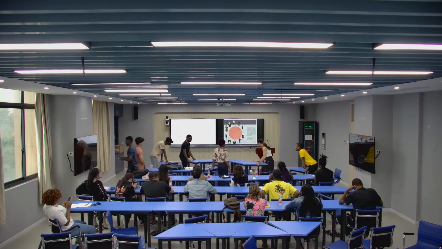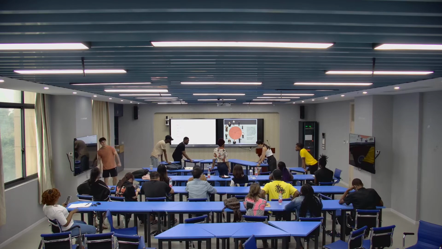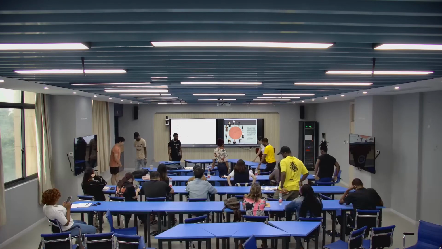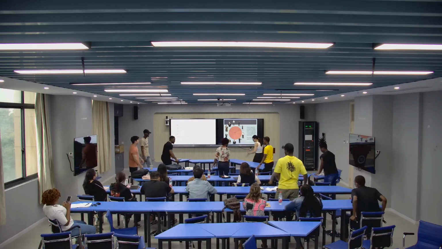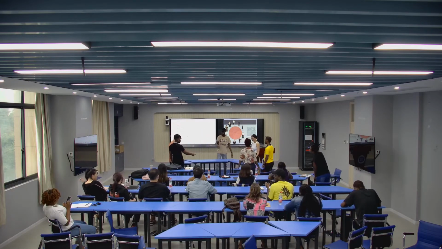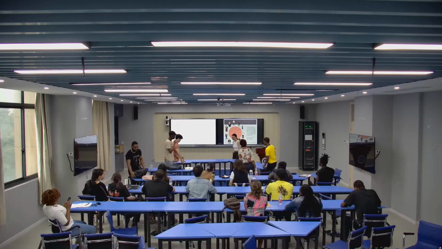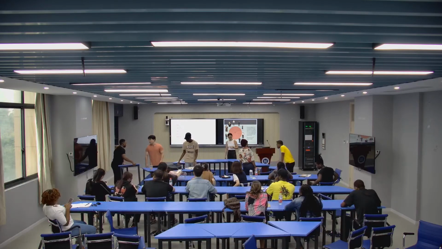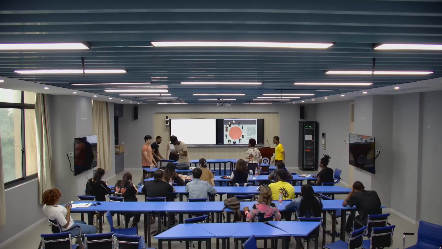Let's make a round shape here. We just need 10 people around the table. 1, 2, 3, 4, 5, 6, 7. Is that yours? It's Sean's.